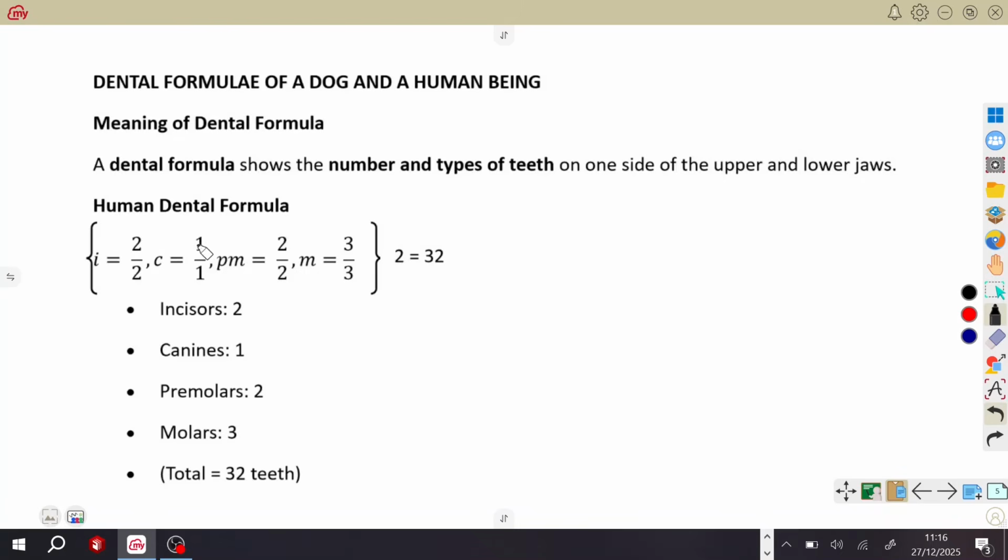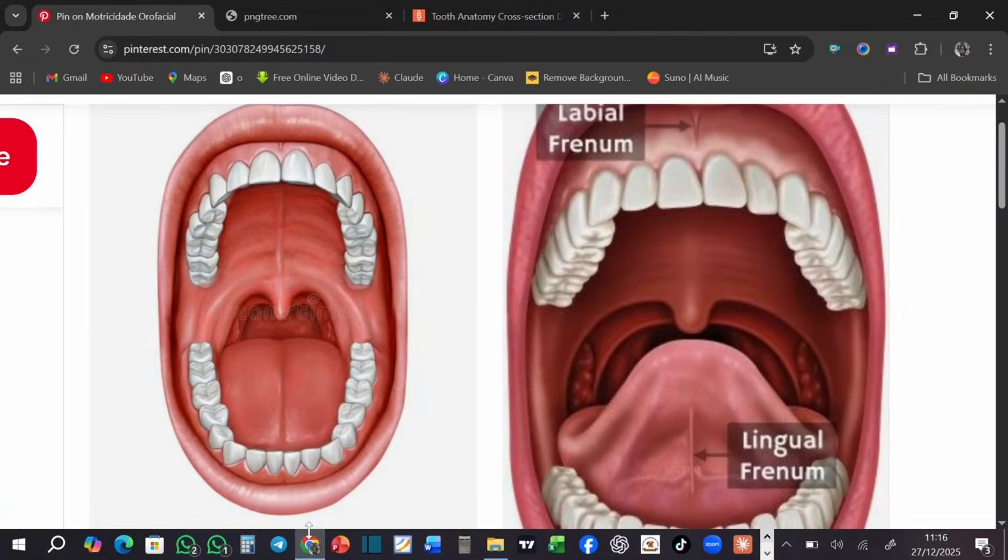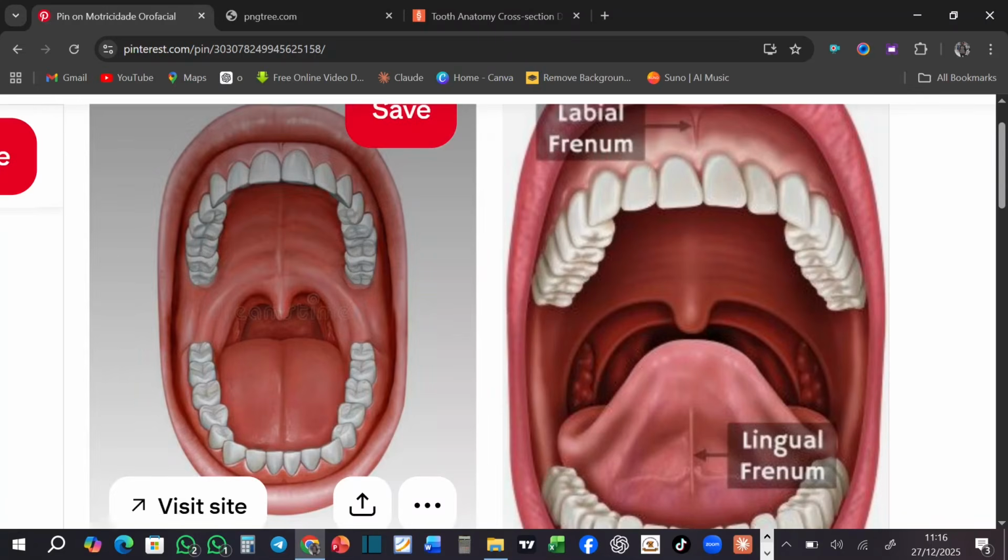Then canine on half, on top we have 1, down 1. Premolars on top 2, down 2. Molars on top 3, down 3. So we have 2, 1, 2, 3. Okay?